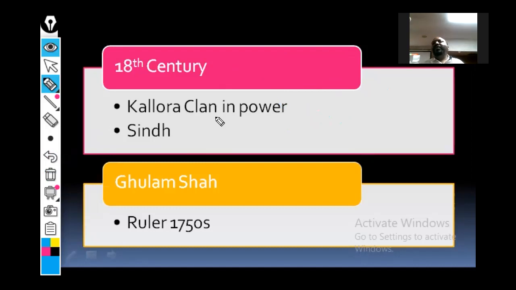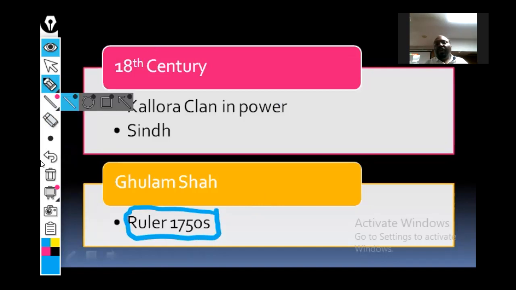The Kalura clan became very prominent in the Sindh province. Among them, the Kalura leader Ghulam Shah was a very prominent personality who rose to power in the Sindh region. From the 1750s onwards, he was the undisputed ruler of Sindh province.